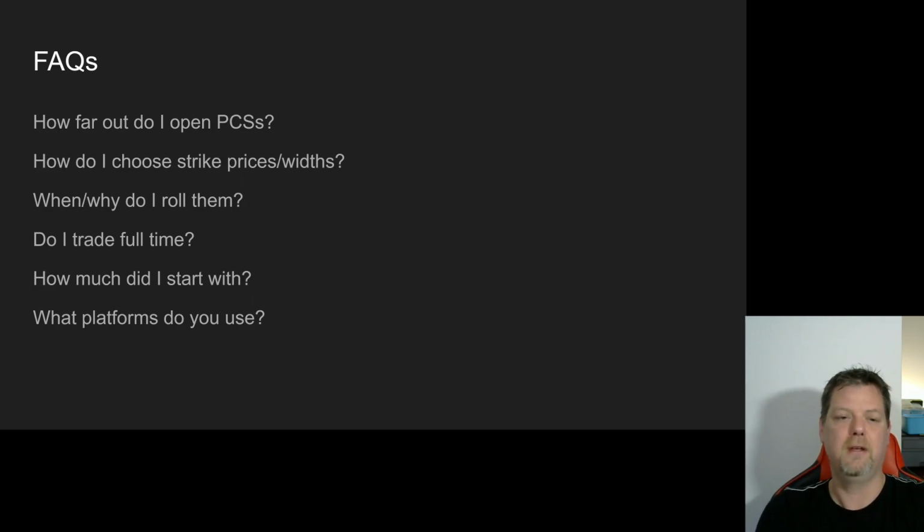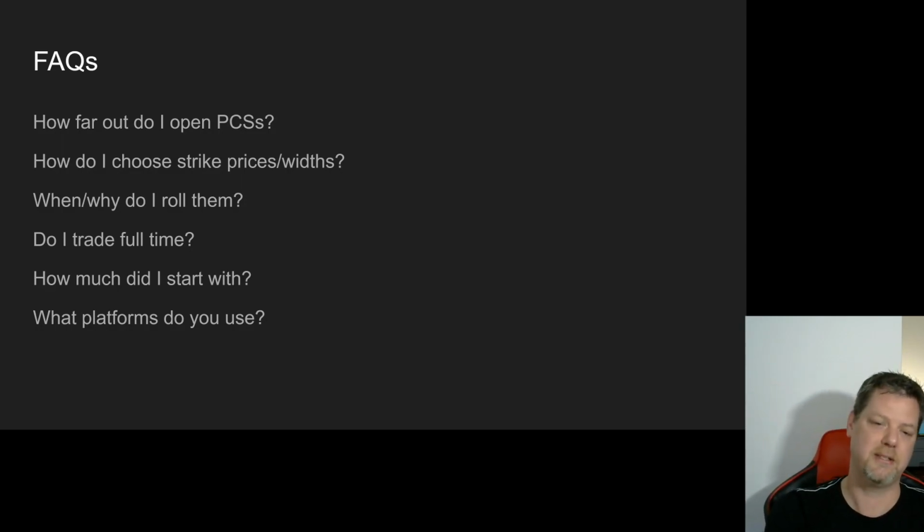How do I choose my strike prices and widths? This is a very complicated question. It depends, because I'm doing it on Tesla mostly. I feel like I am very in tune with the stock price and its reaction to different things.